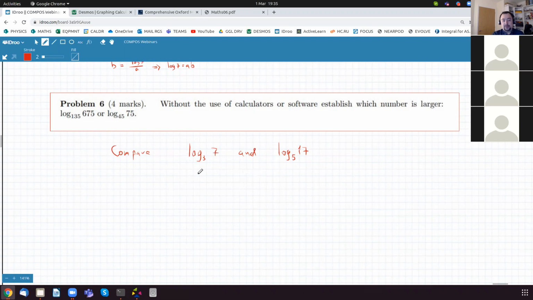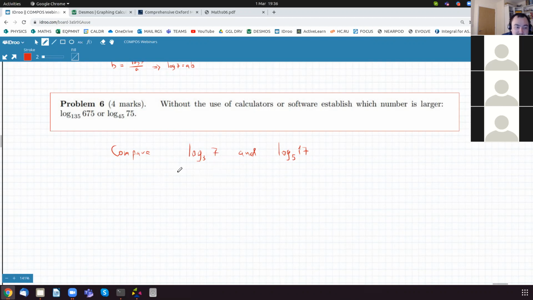And you could use trial and error to estimate the values. So for example, you could find this value correct to 1 decimal point. Oh no, you wouldn't be able to do it without a calculator. No, sorry. Okay.